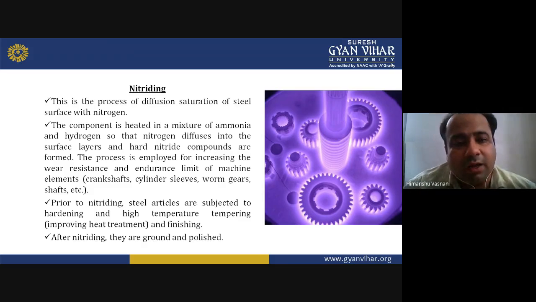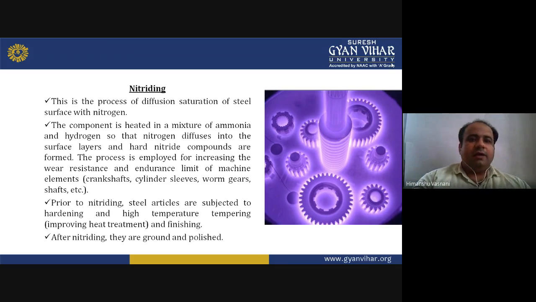And form the hard nitride compounds. And how are we doing this? We heat the component in a mixture of ammonia and hydrogen, and diffuse this nitrogen into the surface layers.